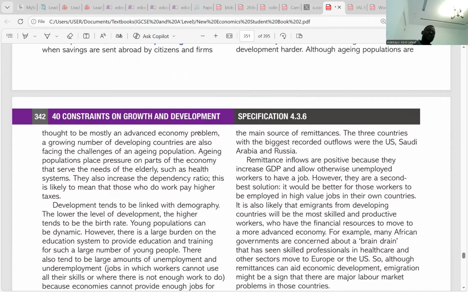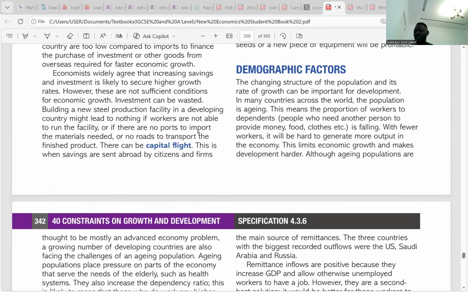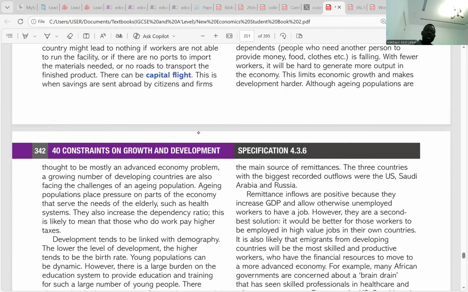Now, demographics. Another factor that could hinder the growth and development of an economy is demographics. When we talk about demographics, we're simply talking about the population. The most difficult situation when it comes to demographics is an aging population, because with an aging population, productivity is expected to fall.